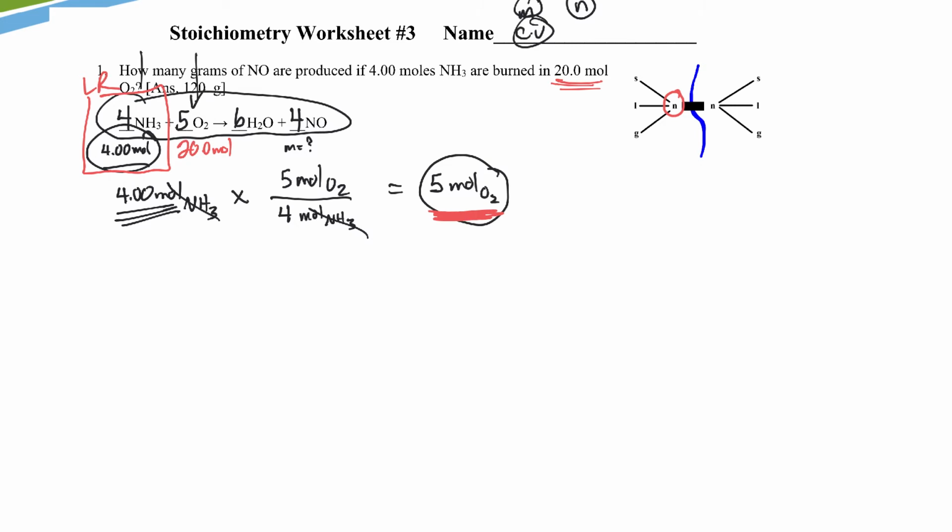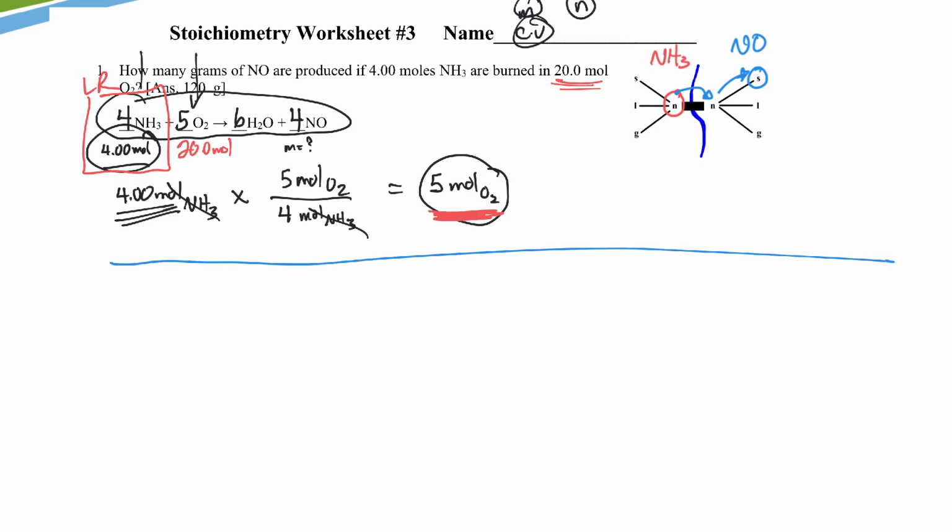That'll be my NH3 side. And then they want me to go to mass of nitrogen oxide. So mass will be up at Solidsville there. And this is my NO side. Okay, so I just need to do one step to cross the river and then one step to get up to there. Okay, so all that stuff I did at the top there was just to determine the limiting reactant.